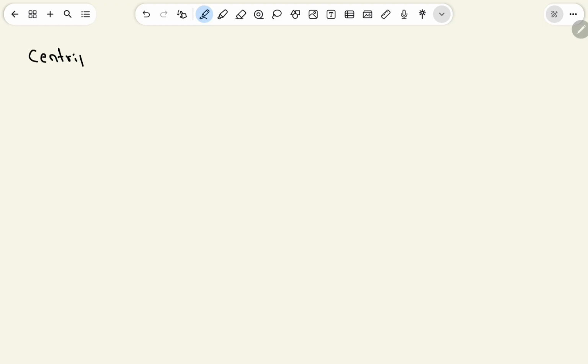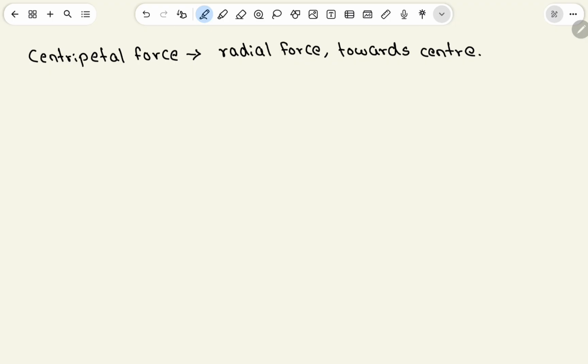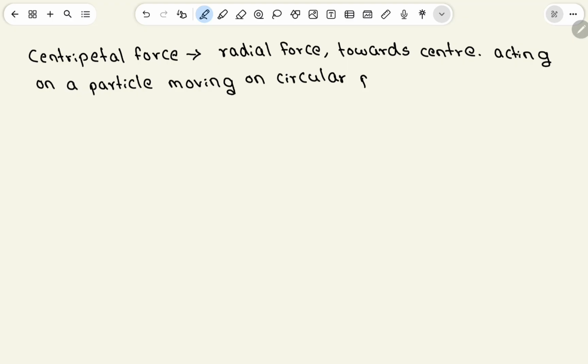Centripetal force: radial force towards center, acting on a particle moving on a circular path.